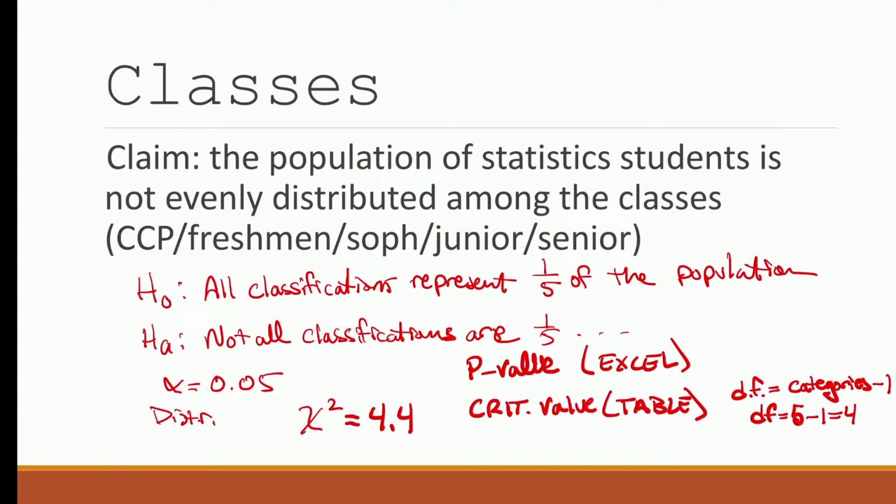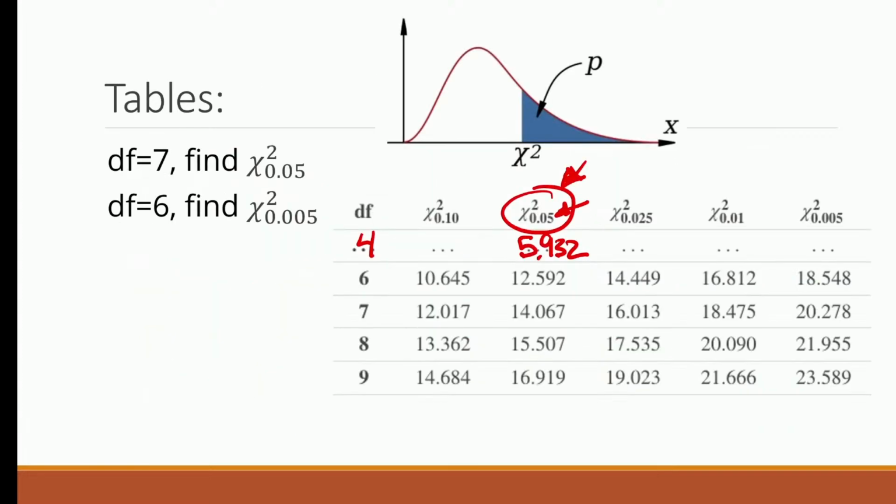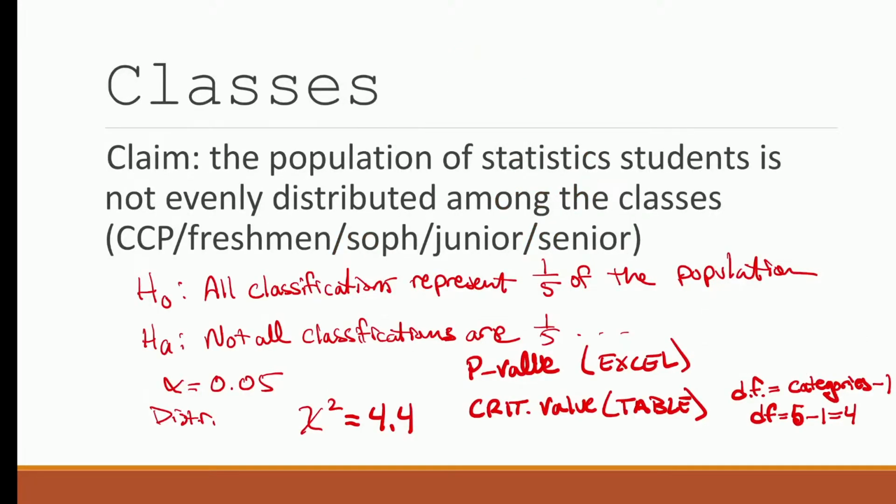Okay, well, let's go over to this and we will pretend. What's my fake? So this is fake, 5.932. Okay, so the critical value, which I will write like this, chi-squared crit, is 5.732 or whatever I said.